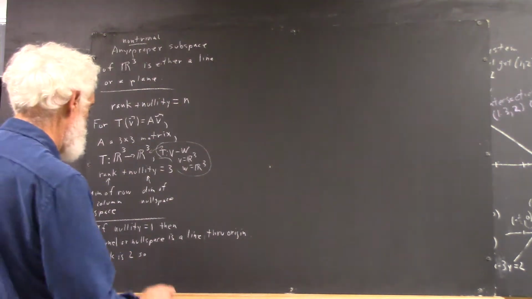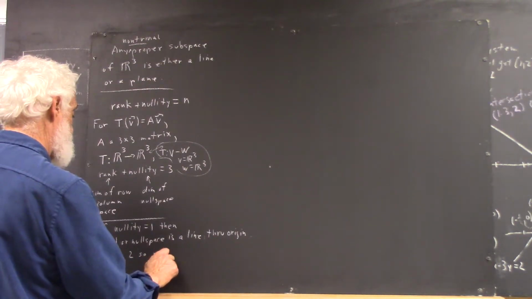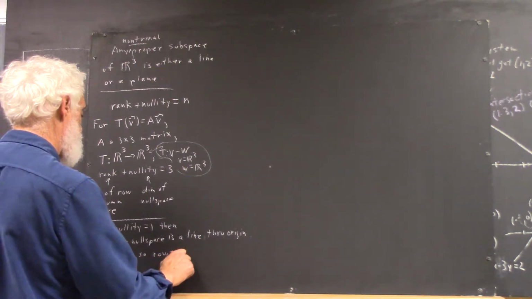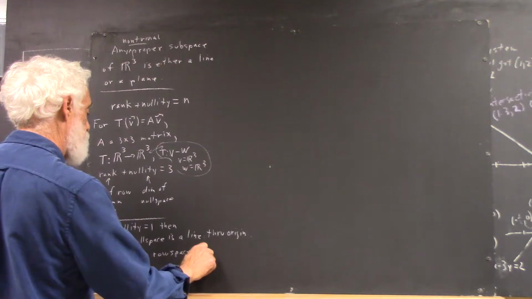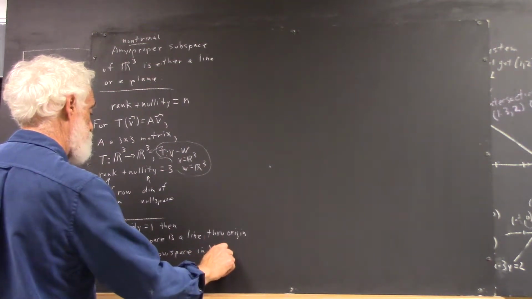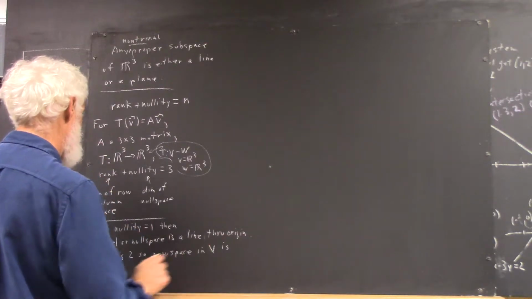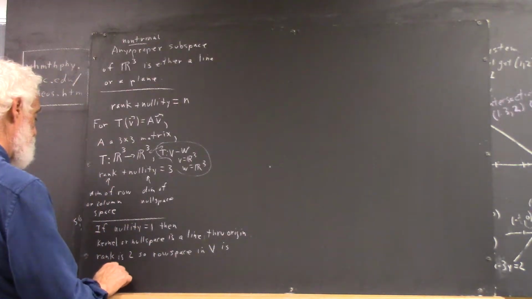So the row space, which is in V, is spanned by 2 vectors.